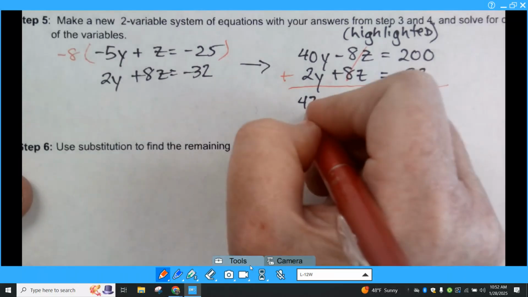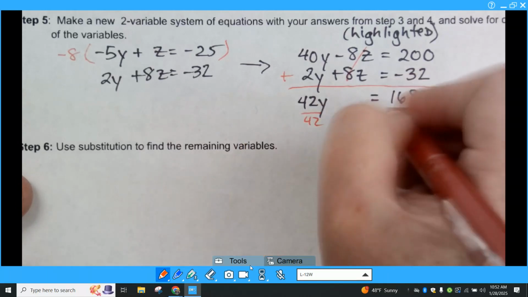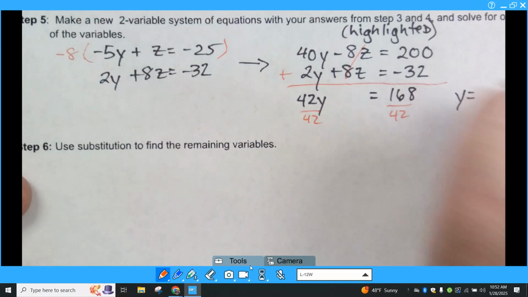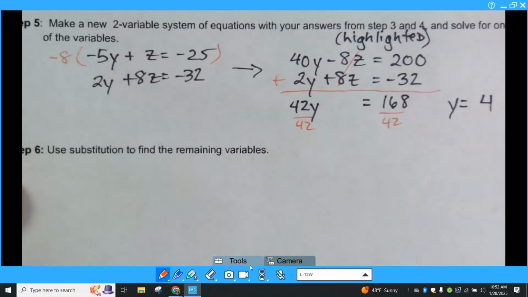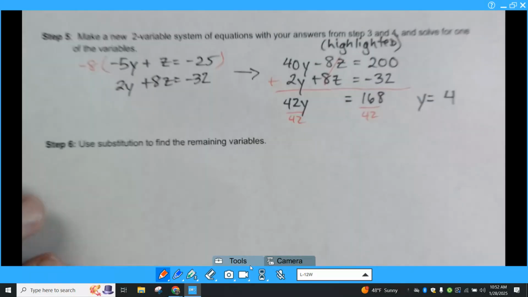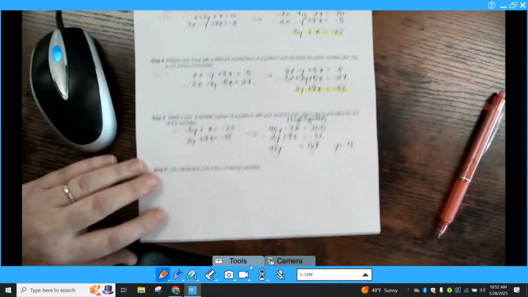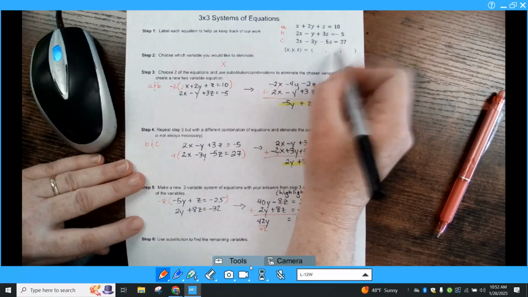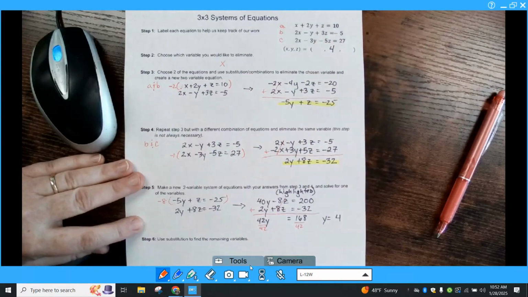And then I'm going to divide this by 42. Divide this by 42. And we know y is equal to 4. So we already have part of our answer. Okay, so we know our y is 4. So we can plug that in.